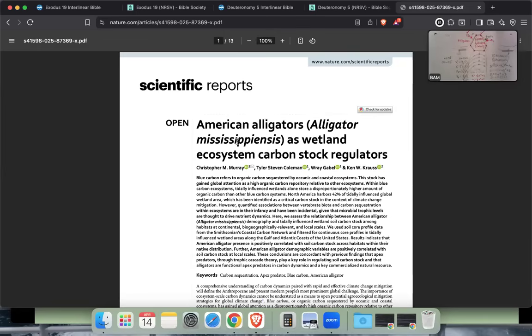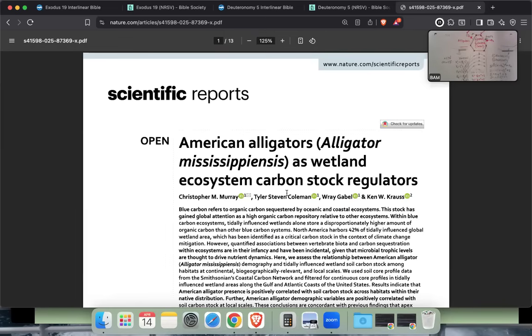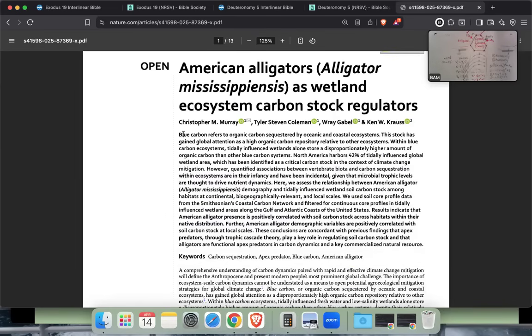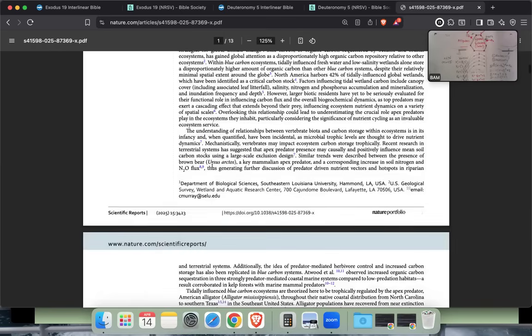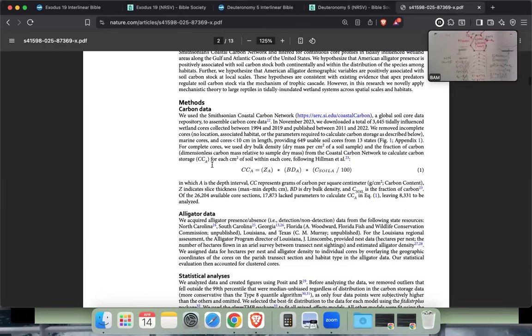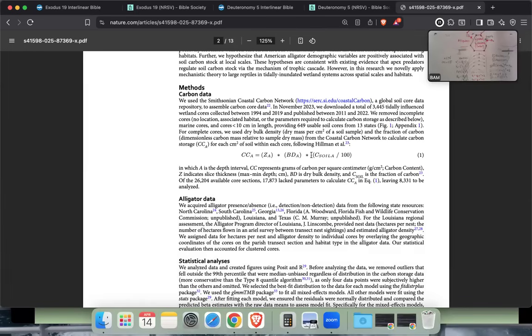American alligators, alligator mississippiensis as wetland ecosystem carbon stock regulators. And then it talks about blue carbon refers to organic carbon sequestered by oceanic and coastal ecosystems. And I could keep reading, or I can skip around. North America harbors 42% of tidally influenced global wetland area. And I can look around some more, carbon data. So here's some math inside of this article.